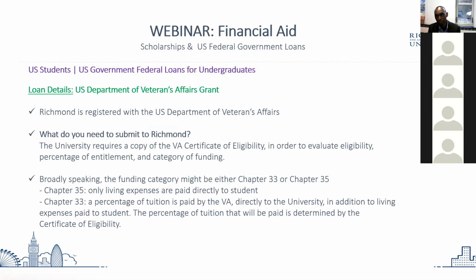Generally, just broadly, students will fall under what we call Chapter 33 or Chapter 35, which is the GI Bill funding or the Dependent Education Assistance funding. In terms of the Chapter 33 funding, the Veterans Affairs will pay a portion of your tuition. Every year they cap the figure.